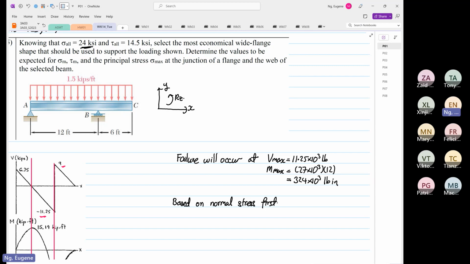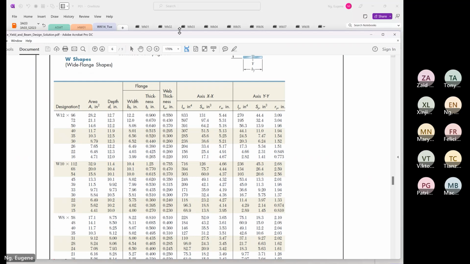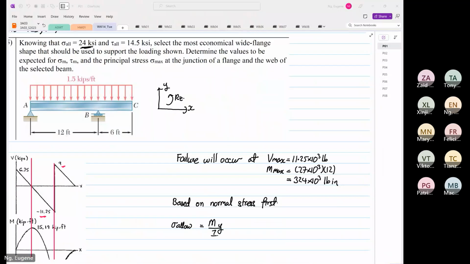So based on normal stress first, we know that stress allowable is equal to My over I. And if we were to look at the cross section of the beam, the beam looks like this.